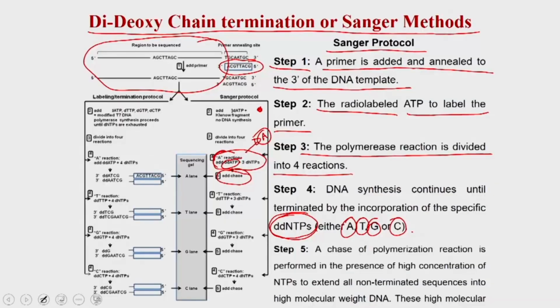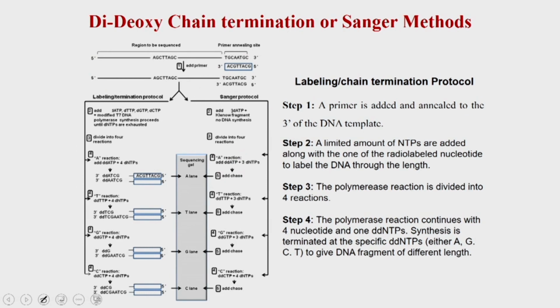Whereas, in the alternate reaction, which is called the labeling or termination protocol, step 1 remains the same, where you add the primers and let them anneal onto the 3 prime end. Then you add a limited amount of NTPs along with one radio labeled nucleotide to label the DNA throughout the length.